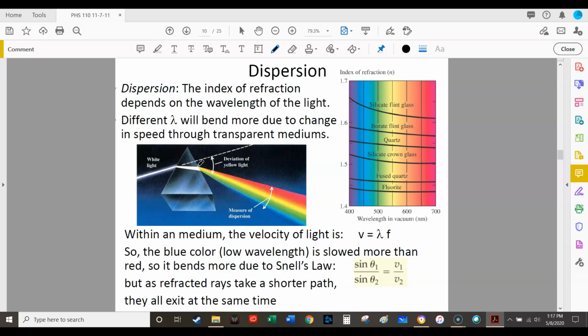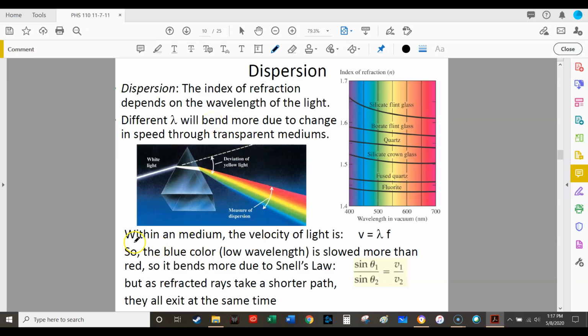So if you have white light in air hitting a denser medium like water or glass, that white light is going to begin to separate when it starts to refract into that substance at its different wavelengths, okay? And so dispersion is when white light is refracting and being separated into its separate wavelengths. Essentially, that's the definition right there.